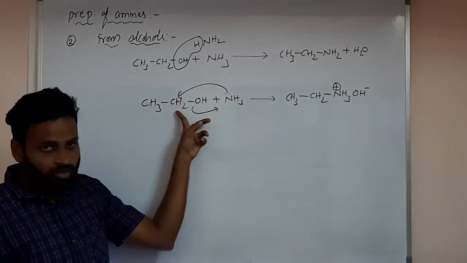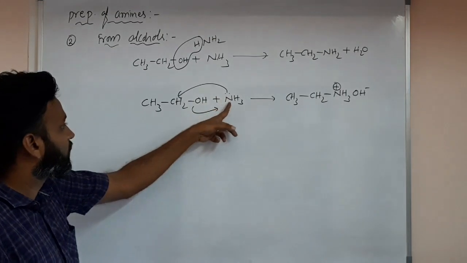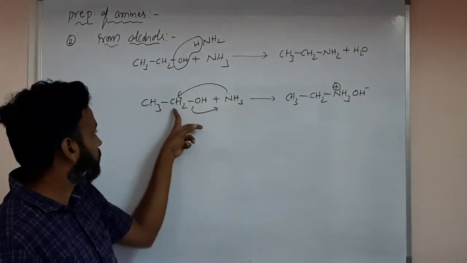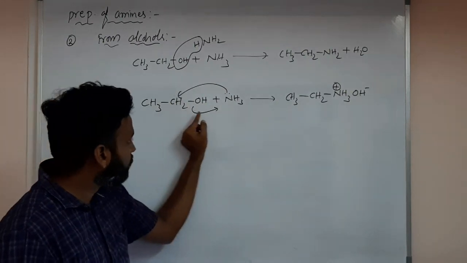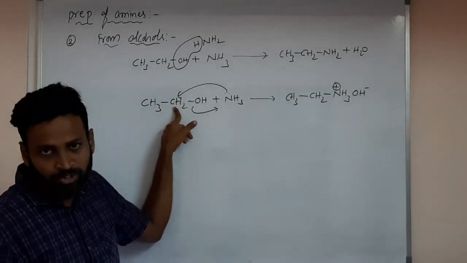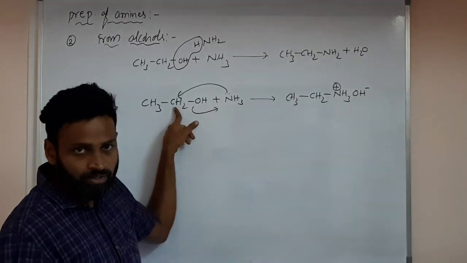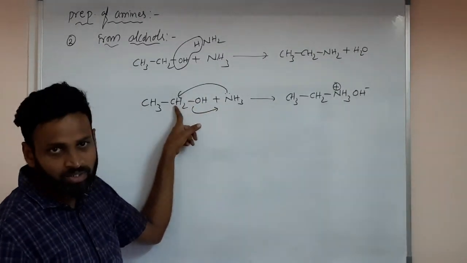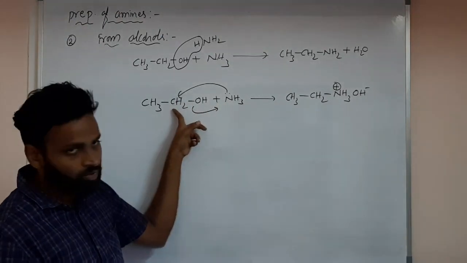Ammonia donated its lone pair, so nitrogen got a positive charge. When OH minus is removed, the carbon gets a positive charge, so nitrogen donated its lone pair to it.